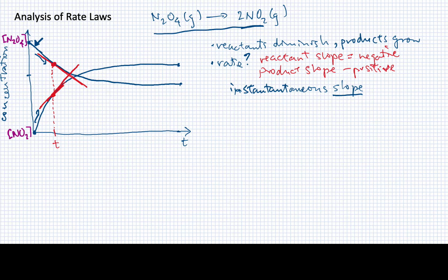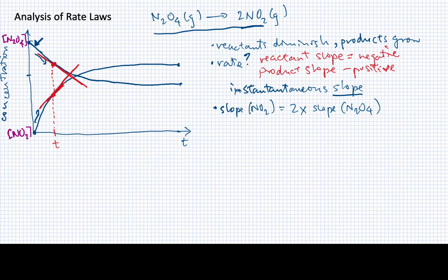Now, another thing that I could tell about these slopes, and it's not easy to see the way I've drawn it here because I'm not a very good artist, but the rate or the slope of NO2, which is our product, is actually twice the slope of the N2O4.